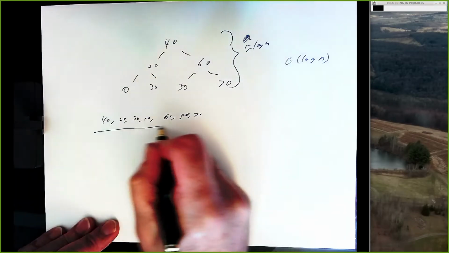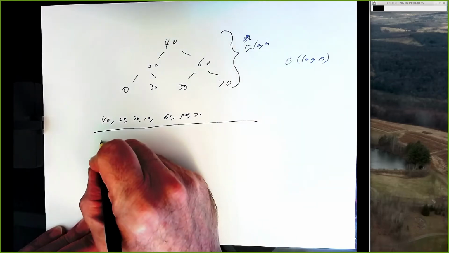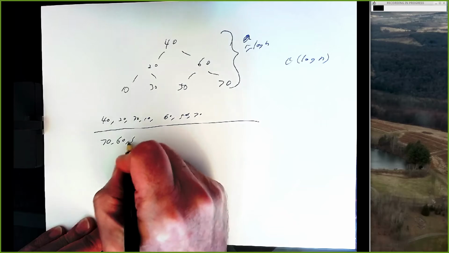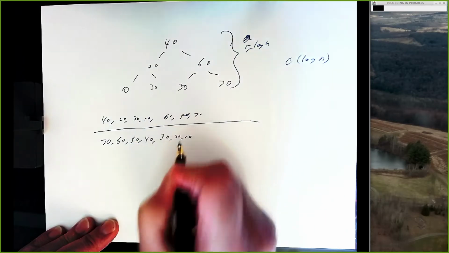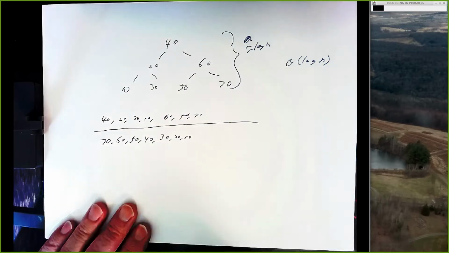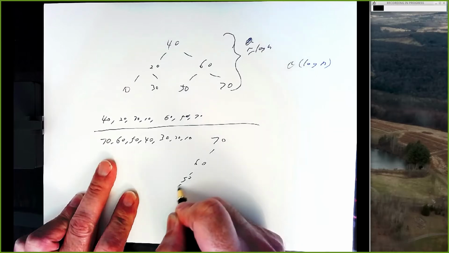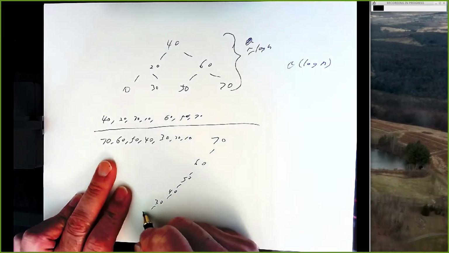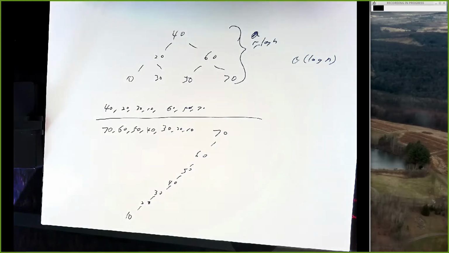But if you rerun your program and you input your data like this, you get a different tree, right? The 70 goes to a root, the 60 goes to the left, the 50 goes to the left, and so on. And you end up with this thing that technically is a tree, but really looks like a linked list.